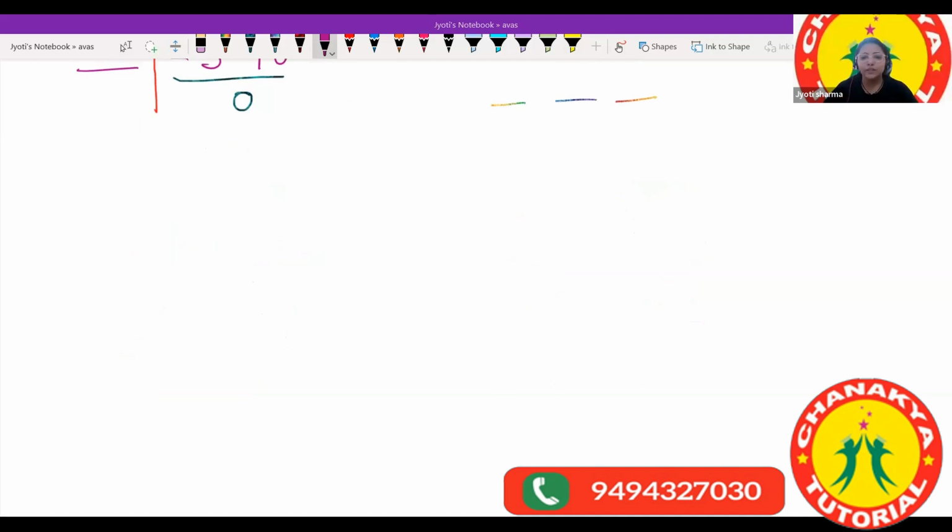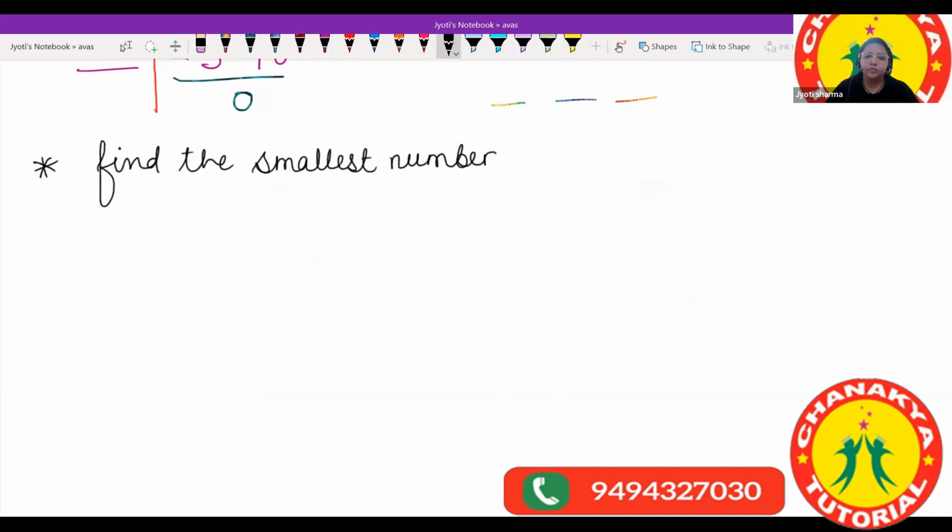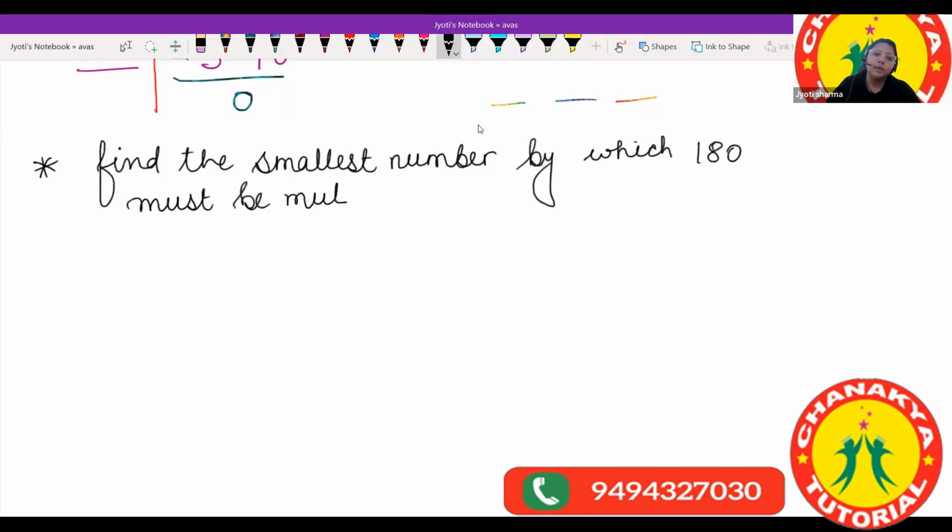Okay. Giving you a question now. Find the smallest number by which 180 must be multiplied so that it becomes a perfect square.